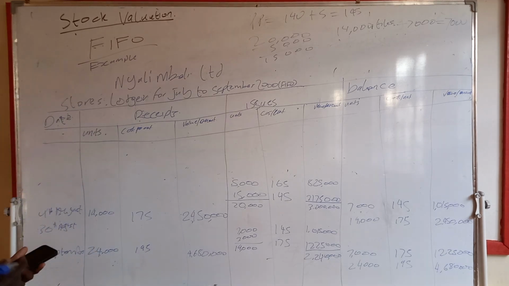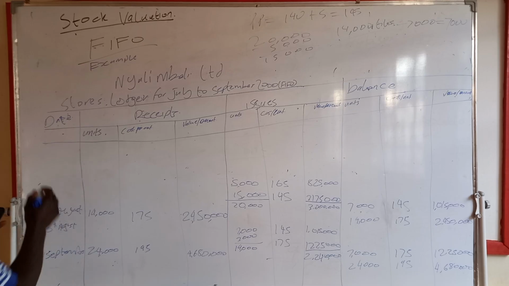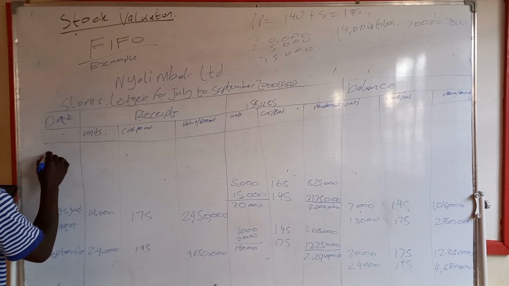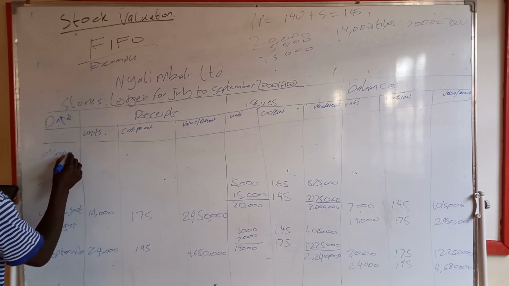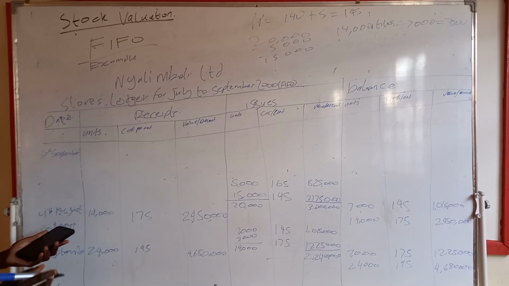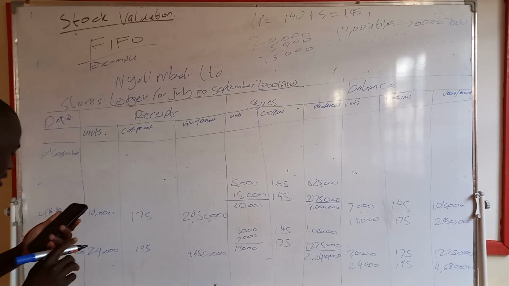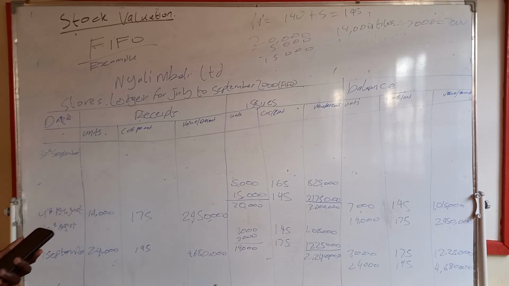Now, on 30th September, 27,000 tiles were sold during September at a price of 240 each.